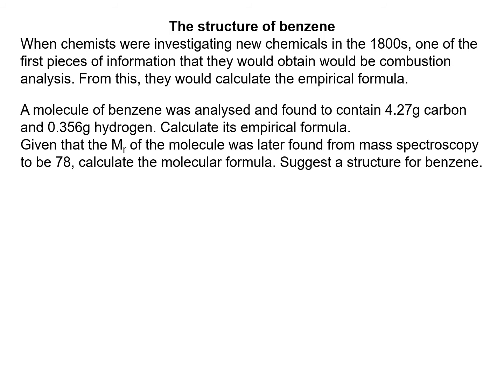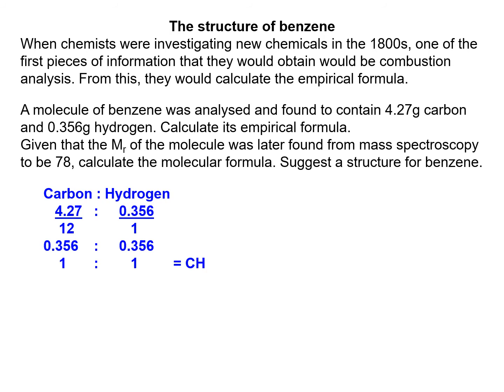Okay, so to do the calculation, we start off by putting our two elements in a ratio with each other, and we calculate the moles. Once we've got the moles, we divide through by the smallest. In this case, both of them are the same, and we end up with a 1-to-1 ratio that gives us an empirical formula of C1H1.